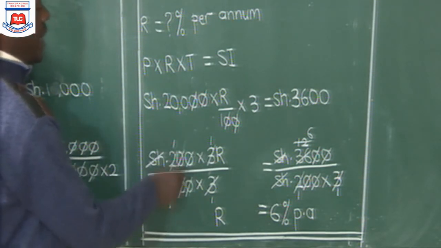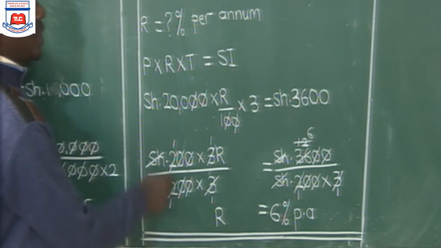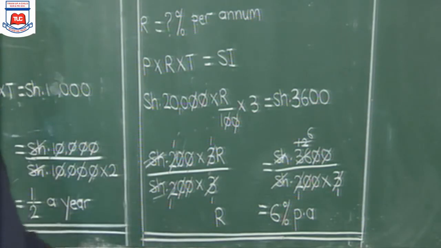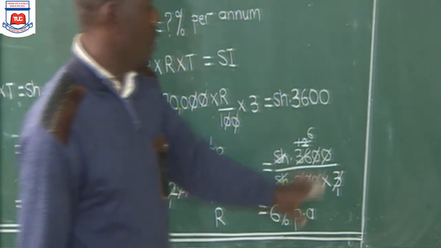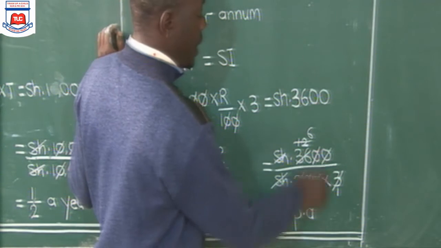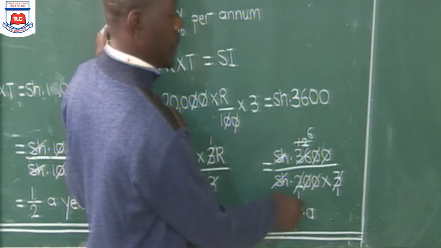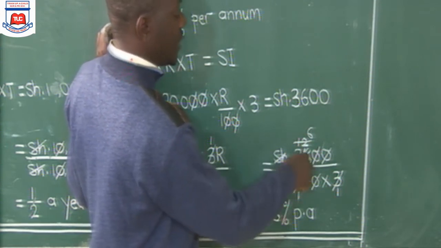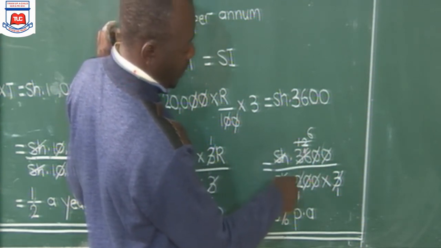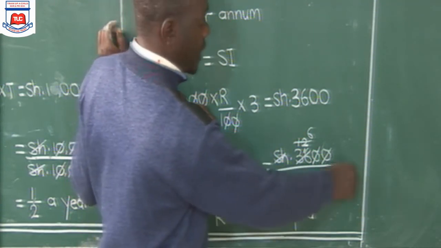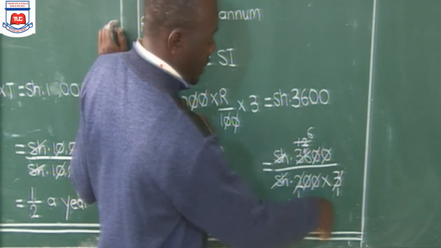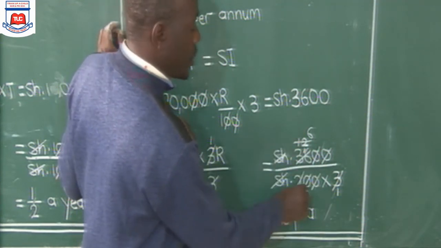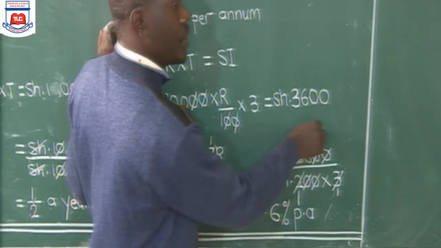By 10 by 10 by 10 by 10, 2 divided by 2 once, shillings off, also shillings off this side, to remain with R at the side, and now we divide. We are going to divide by 3 first. 3 divided by 3 once, and then 36 divided by 3, you get 12. Then 2 divided by 2 is once, 12 divided by 2 is 6.